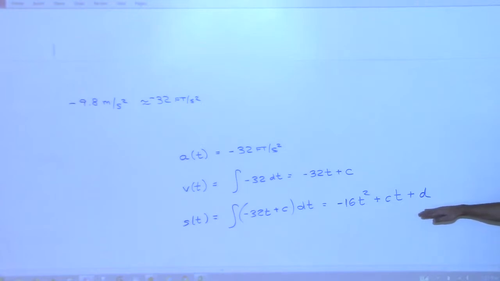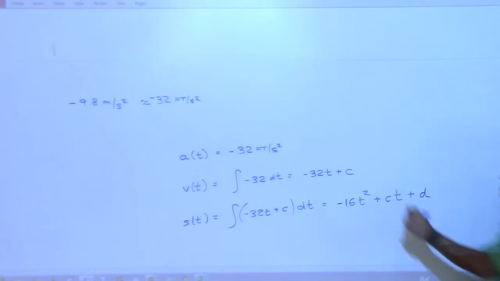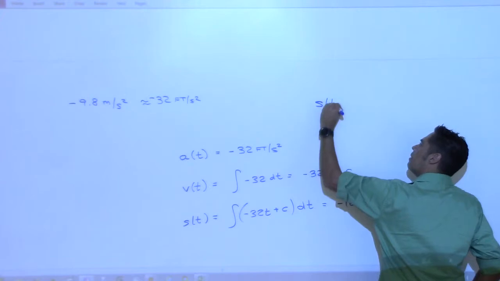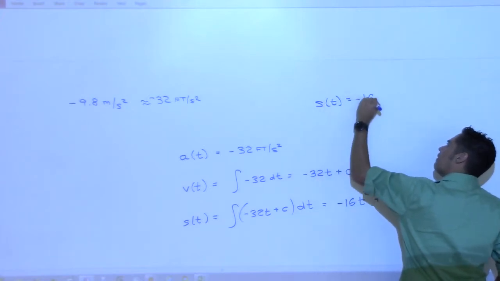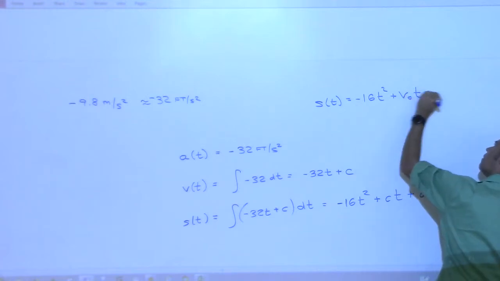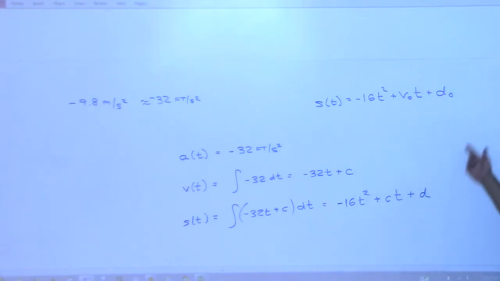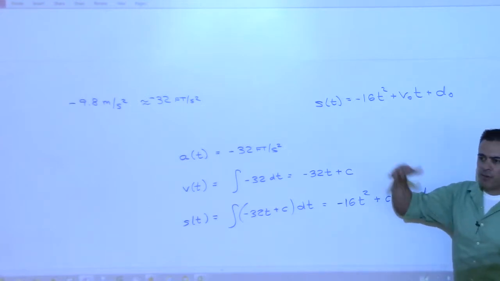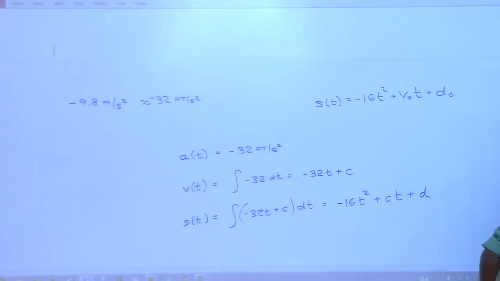Okay. Now, this right here can be rewritten like this. And that's the way you'll see it in a physics book. And this is your position function for falling bodies on Earth, right?